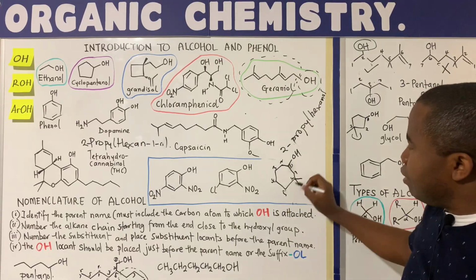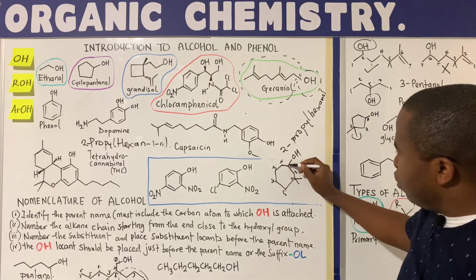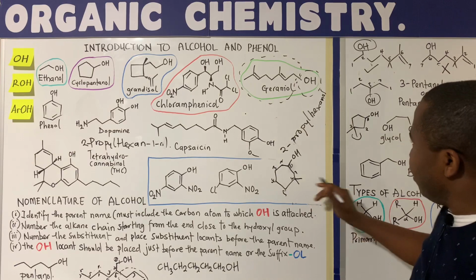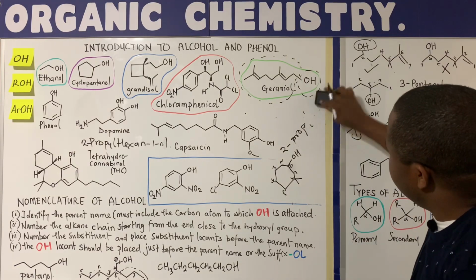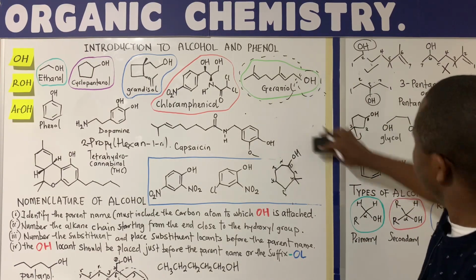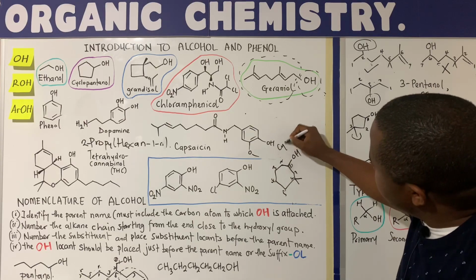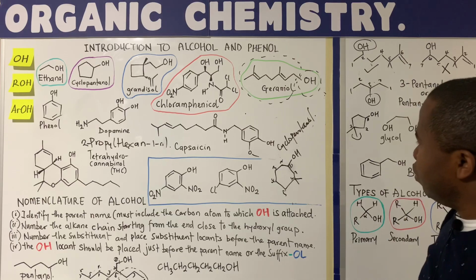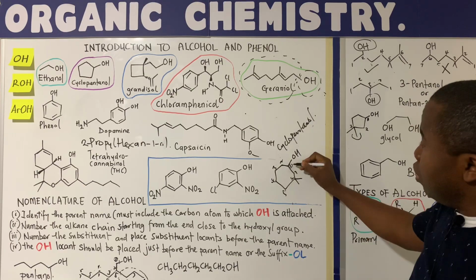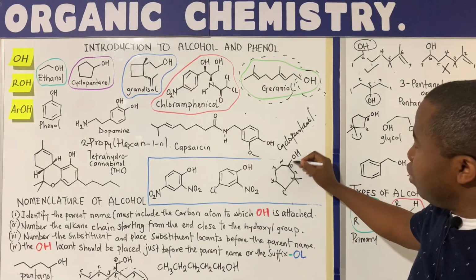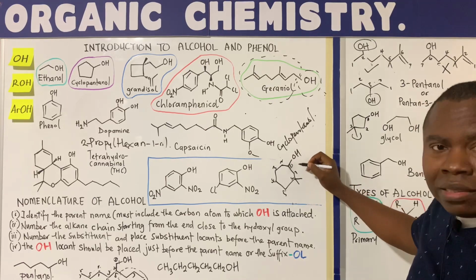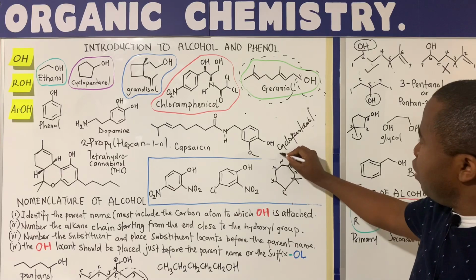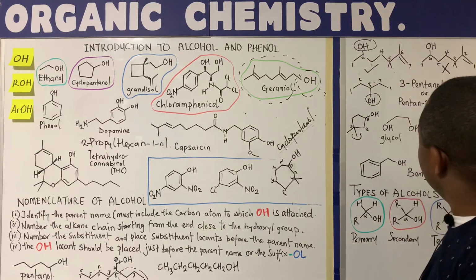If we look at it, since it's a cyclic structure, it's 7 carbon atoms, and that puts this compound's parent name as cyclopentanol. But then, because the carbon bearing the OH group has to take precedence over any other carbon, that makes this not cyclopentanol.